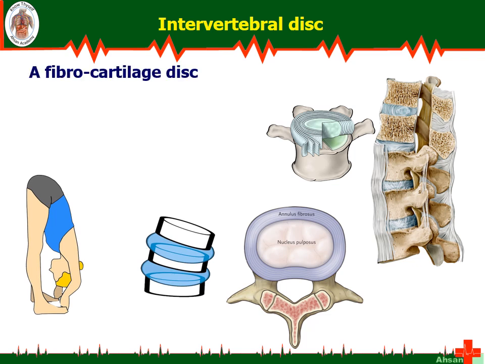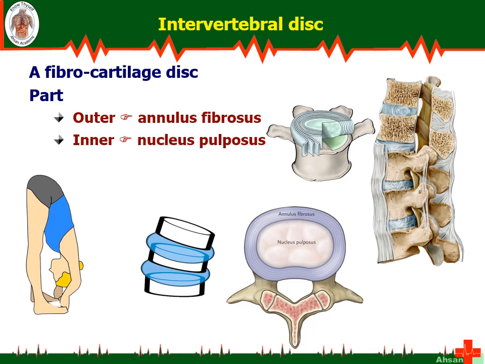It has a very tough outer layer, composed of circular layers of fibers, known as the annulus fibrosus, and the inner part is relatively jelly-like, known as the nucleus pulposus. Together, this joint is a type of fibrocartilage.